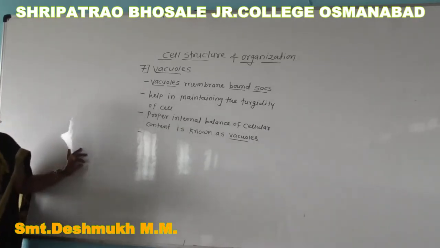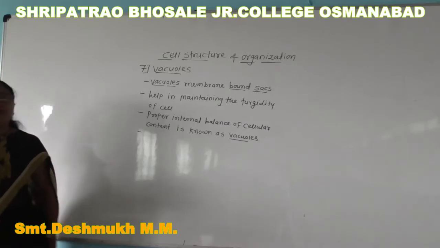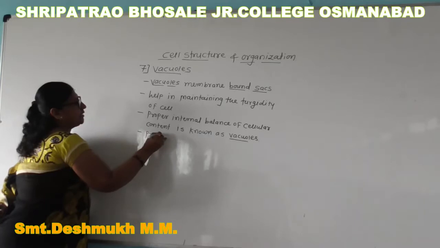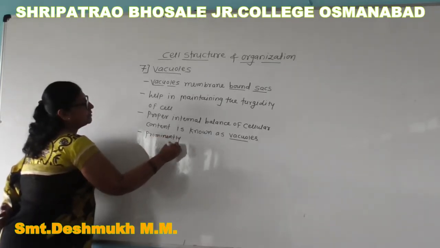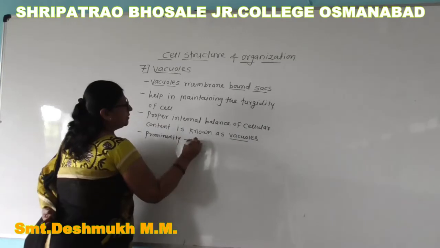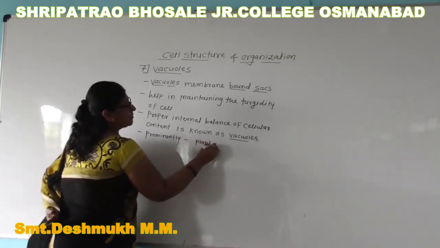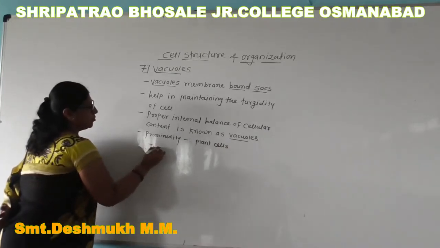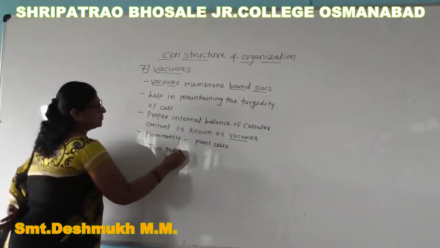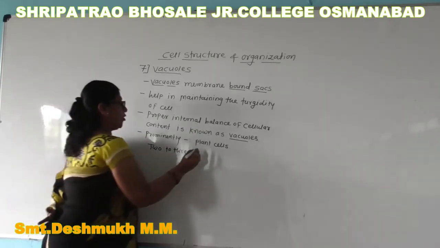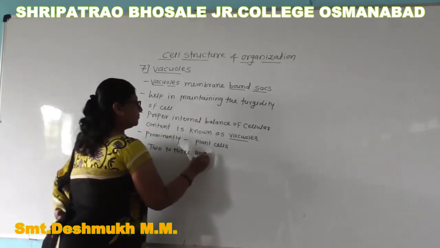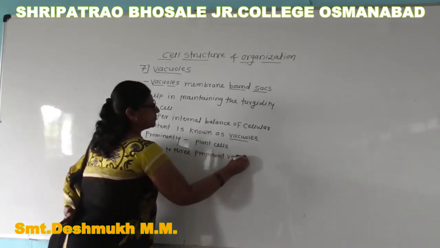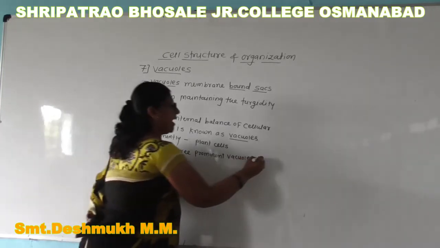Vacuoles are prominently found in plant cells. There are 2 to 3 prominent vacuoles present in plant cells.